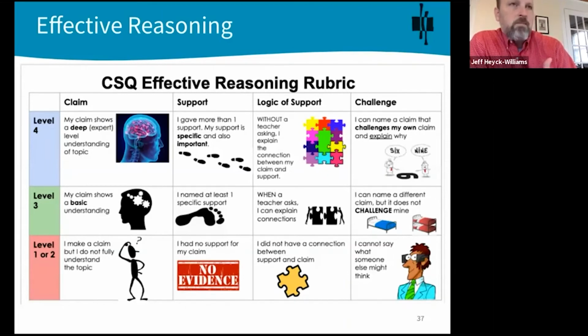Having them do it verbally and with a peer, having them give each other feedback, and then looking at the rubric: how did I make a basic claim around my understanding of what I saw, or was I making a claim but I didn't fully understand what was going on? And how would I help them say, okay, what's going on in that situation, and how could I help them make a more effective claim in the future?